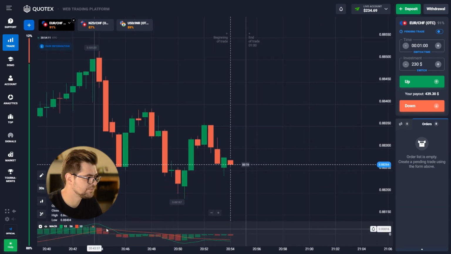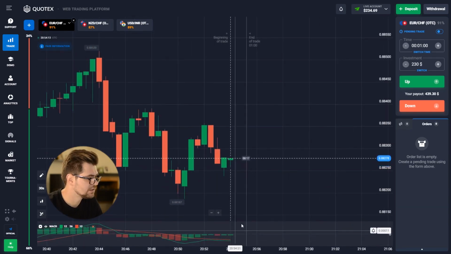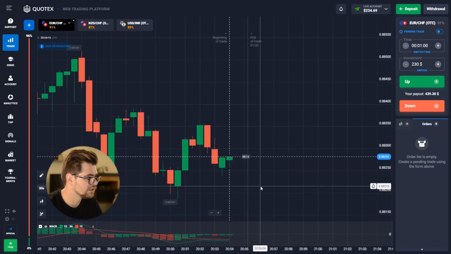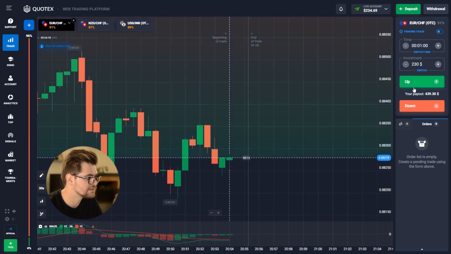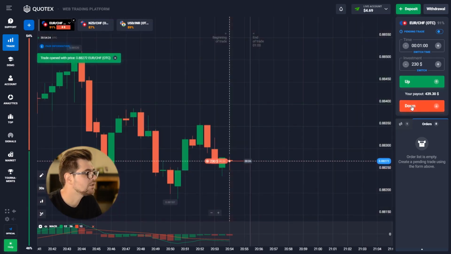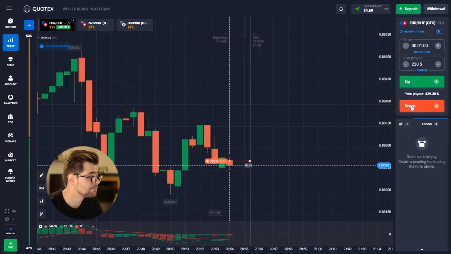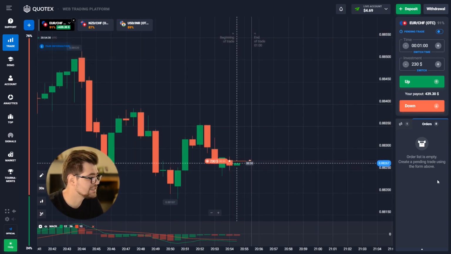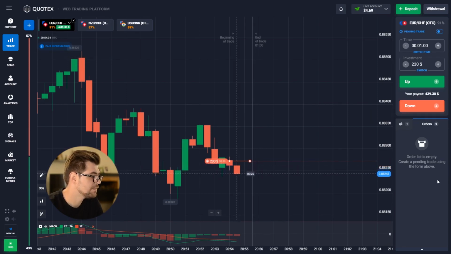As you can see, the price was going significantly lower, so let's go for the put option, because I don't think the price is going up yet.